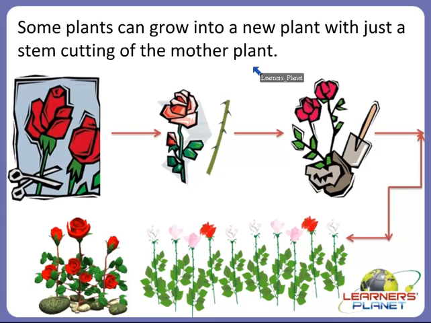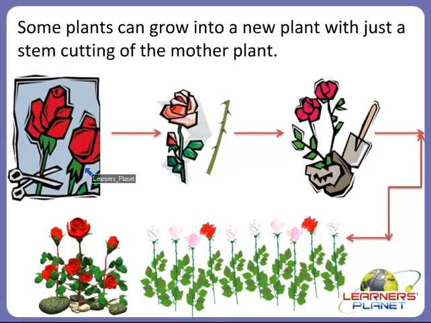There are many such plants which grow with the help of their roots, and there are many such plants which grow with the help of their stems. But there are some plants that can grow into a new plant with just a stem cutting of the mother plant. Okay, so let's see this example and how this process takes place, right?